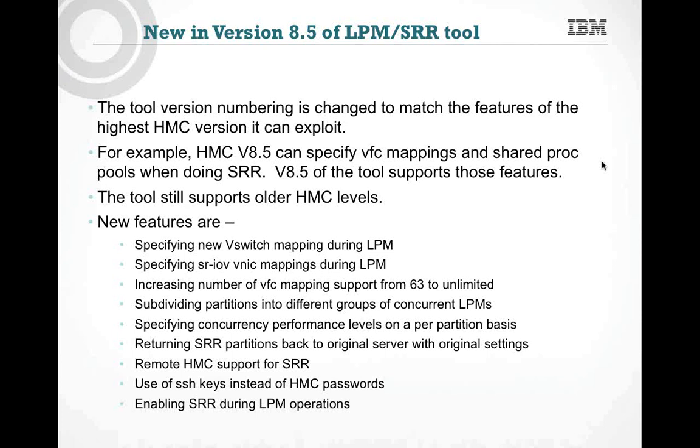This new version of the tool, we're going to rename it version 8.5. It's currently version 4, so we're going to skip 4 versions. But now you're going to know, hey, this 8.5 version of the LPM automation tool, LPM Simplified Remote Automation tool, can support and use the new features of the HMC 850. So this is a big thing here.